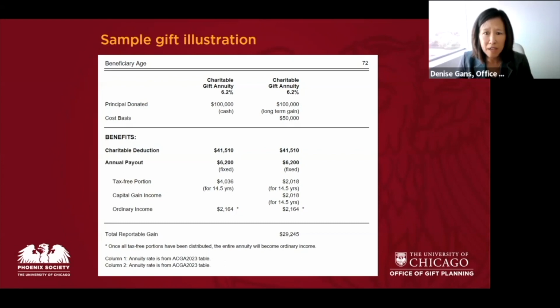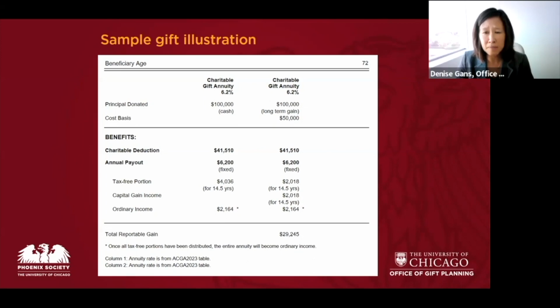In that capital gain income line, you can see that the capital gains that's going to be taxed to the annuitant over the life of the annuity is about $30,000, and that compares to the $50,000 of built-in gain of the funding asset, because at the top of the illustration you can see that the principal donated was $100,000 and the cost basis of the asset is $50,000.